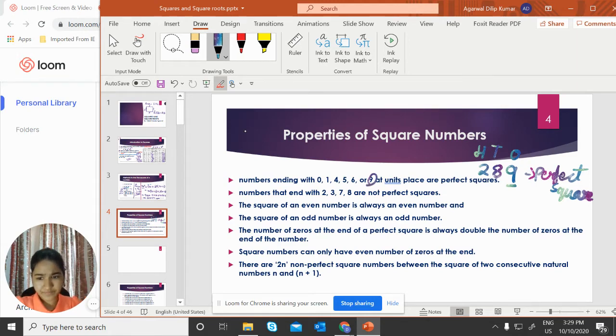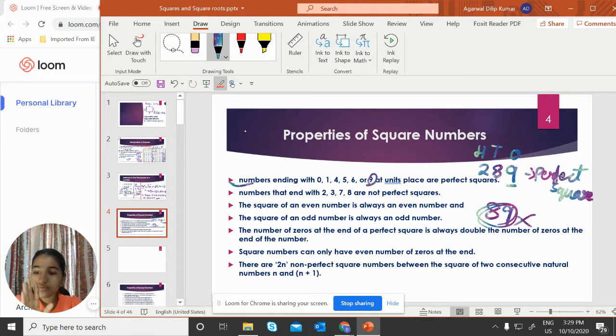But do all the numbers that end with 9 in the units place, are they squares? 89, is it a square? No. So this is not always satisfied, okay?